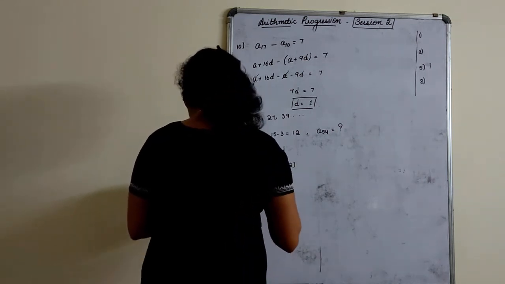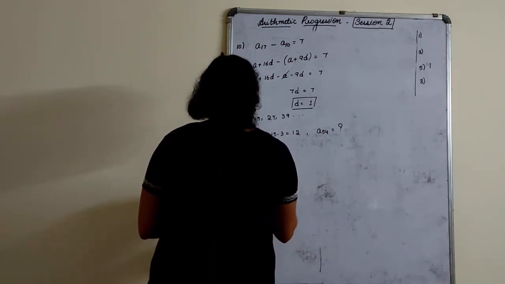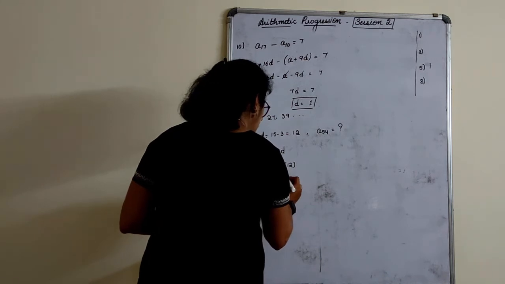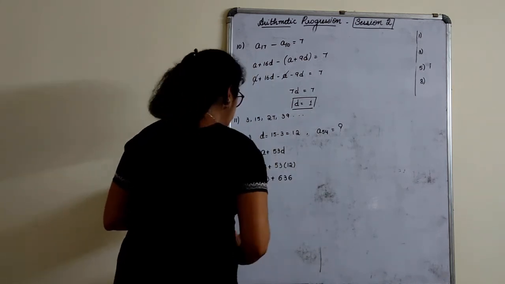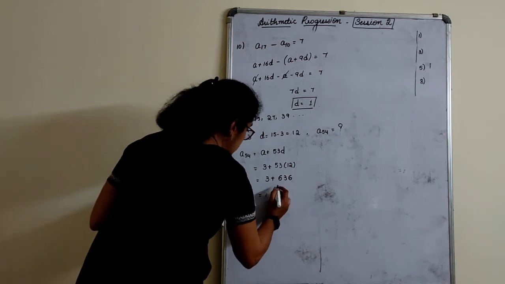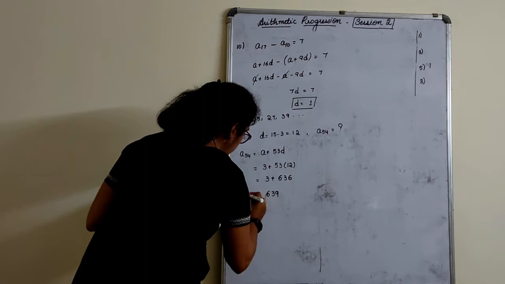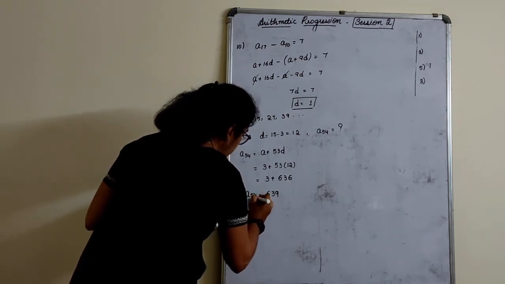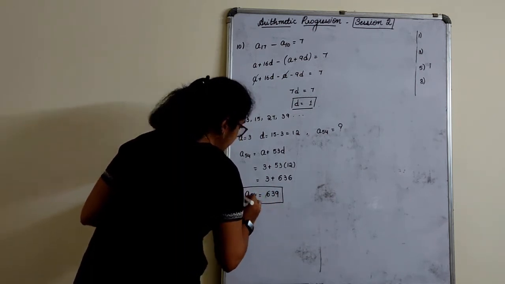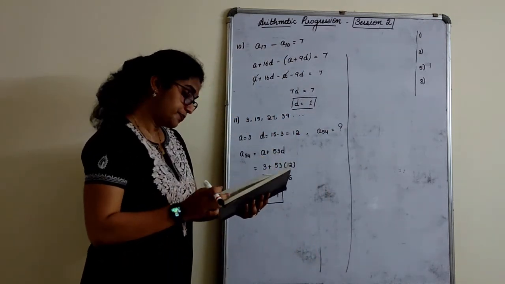So 53 into 12, when you find, you get 3 plus 53 12s multiplied. You will get the answer as 636. When you add this, 639. The 54th term is 639.